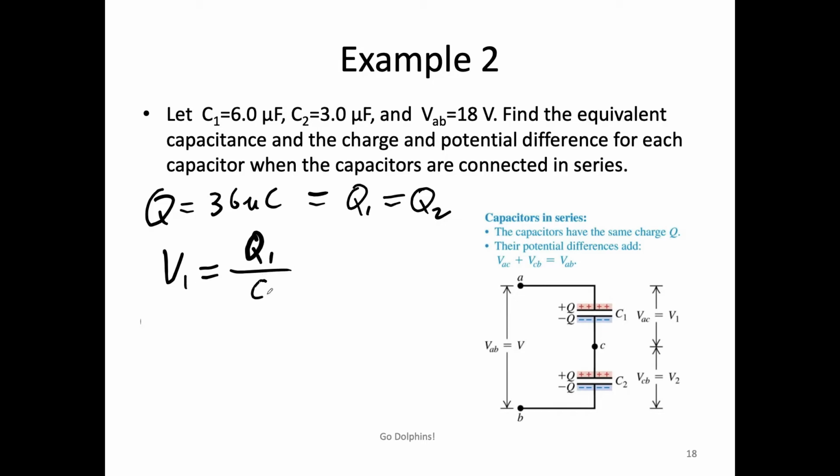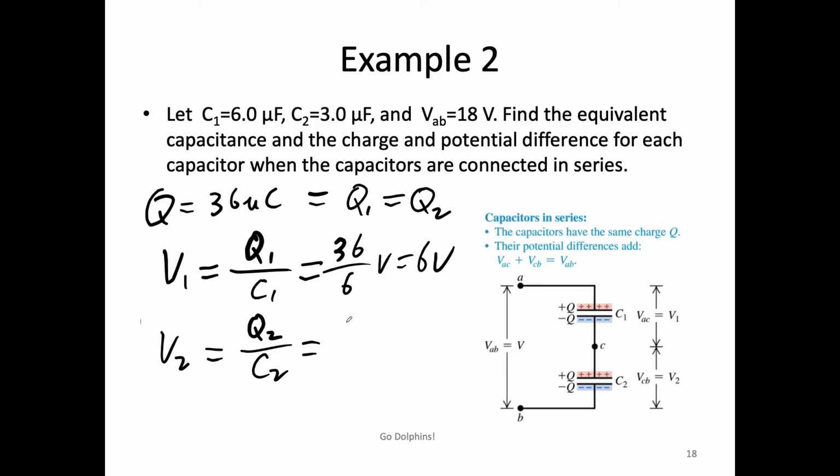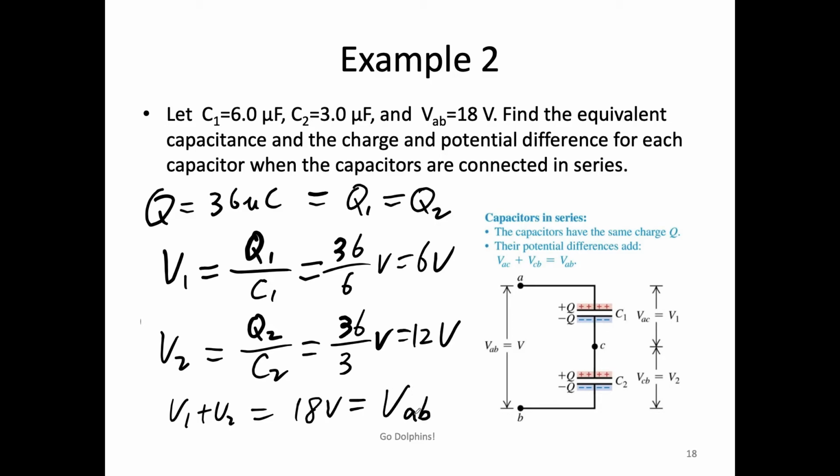Q1 divided by C1, 36 over 6, 6 volt. Similarly V2 is Q2, which is 36, divided by C2. And then we can verify that V1 plus V2 equals VAB.